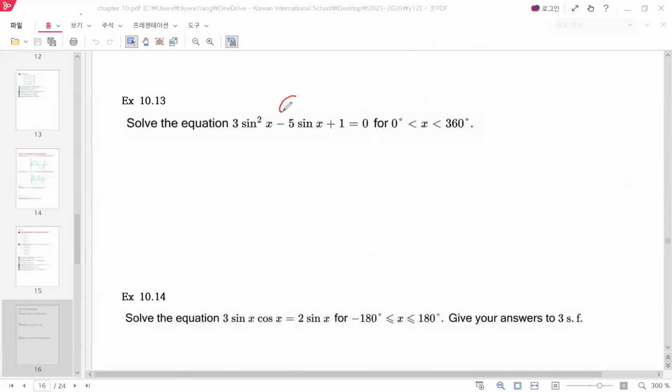Do you remember the name of this one, guys? This equation, it looks like... Thank you so much, Andrew. This is called the disguised quadratic equation.